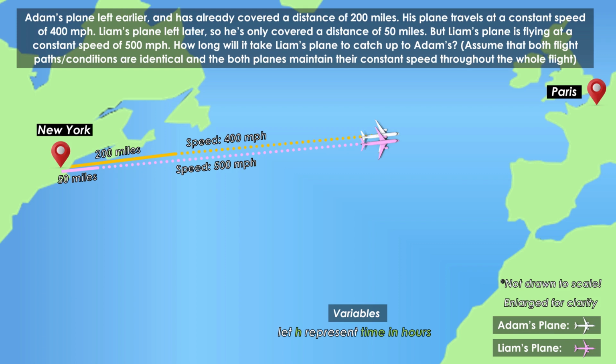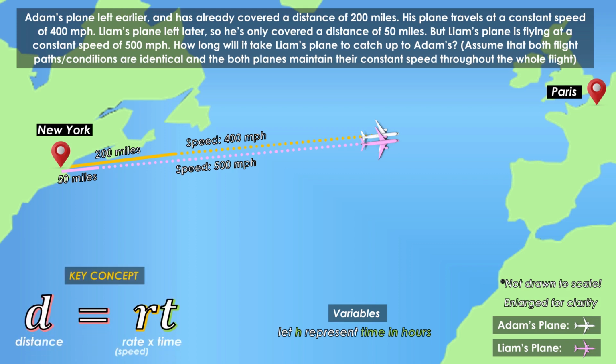A key concept exams like to test students on is the relationship between speed, time, and distance. Luckily, this relationship is very easy to remember. It's simply d equals rt, which stands for distance equals rate times time. The question tells us that Adam's plane flies at 400 miles an hour.